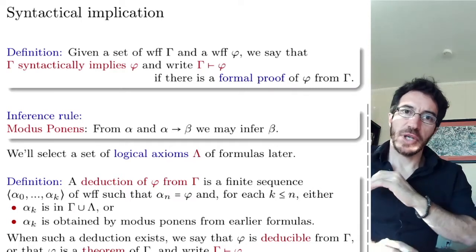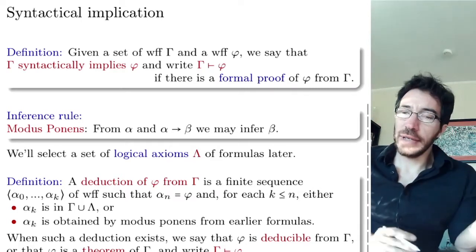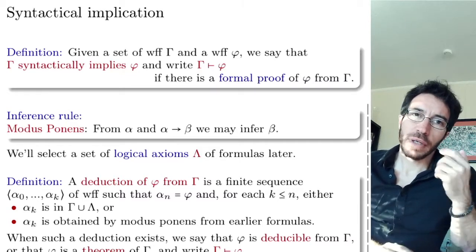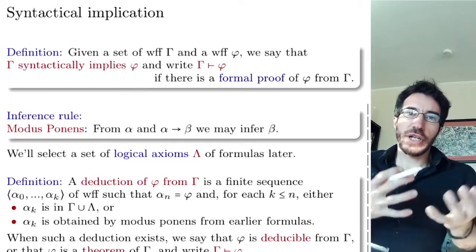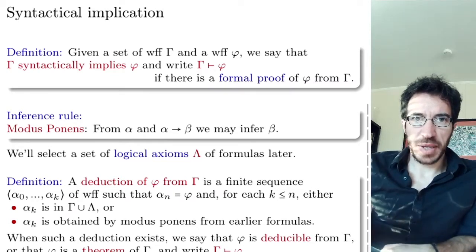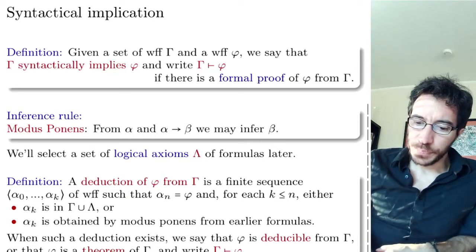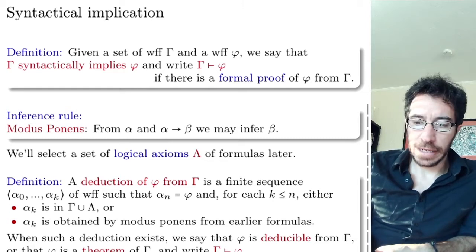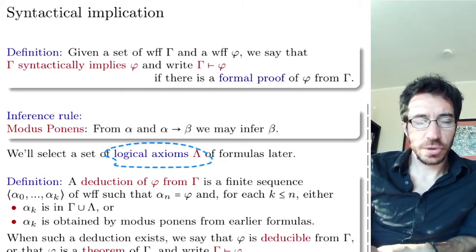By the way, this is only one way of doing this. You can take different logic books, even introductory logic books, and you will see all different kinds of methods. Mostly, the variation is on how many logical axioms you use and how many rules. Sometimes people like to have many rules instead of just one, and very few logical axioms.